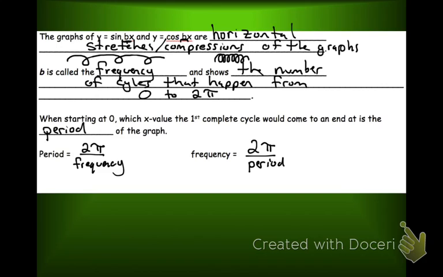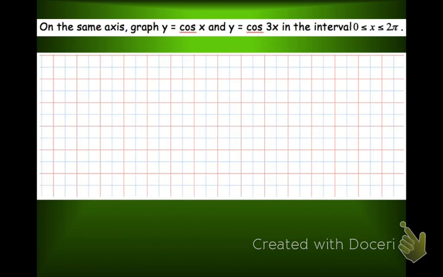So let's take a look at a graph here. On the same set of axes, we want to graph y equals cosine of x, and we want to graph y equals cosine of 3x on the same interval. And again, this is from 0 to 2 pi, so we're going to use our 0 to 2 pi set of axes, the one over here.